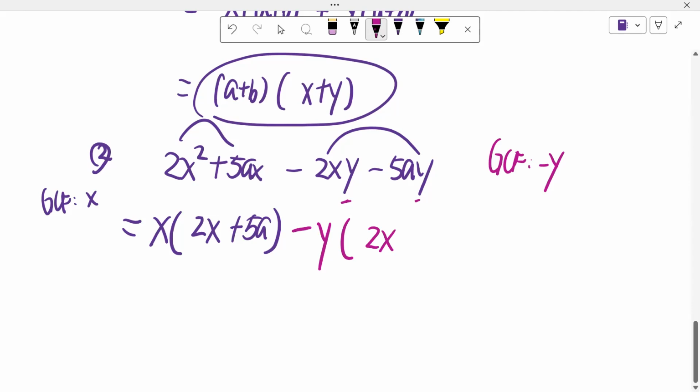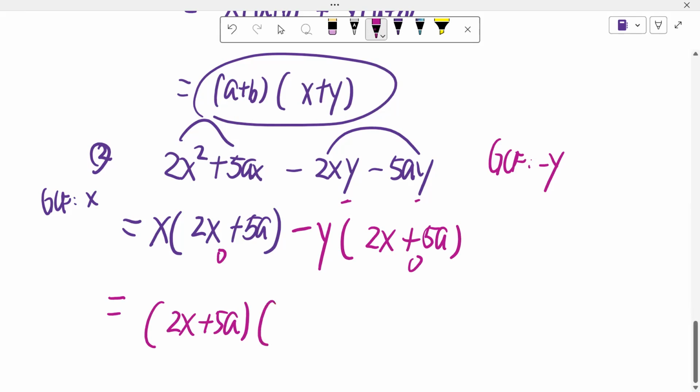And when you divide this by negative y, it becomes positive 5a. Now factor by GCF one more time. This is GCF. Get 2x plus 5a. And the x remains and minus y remains. Any question about this?